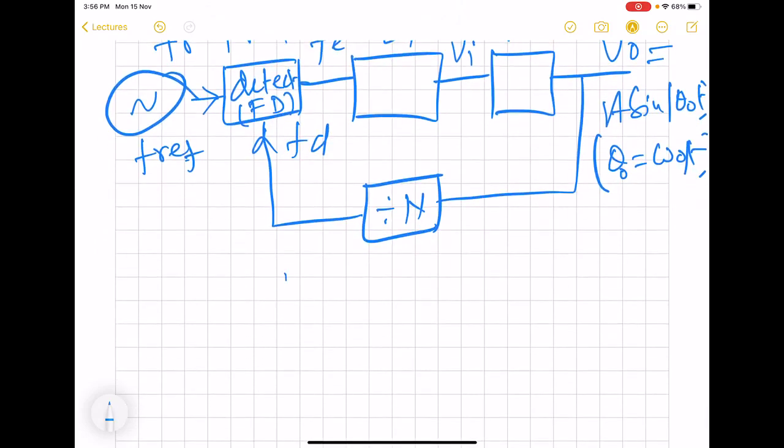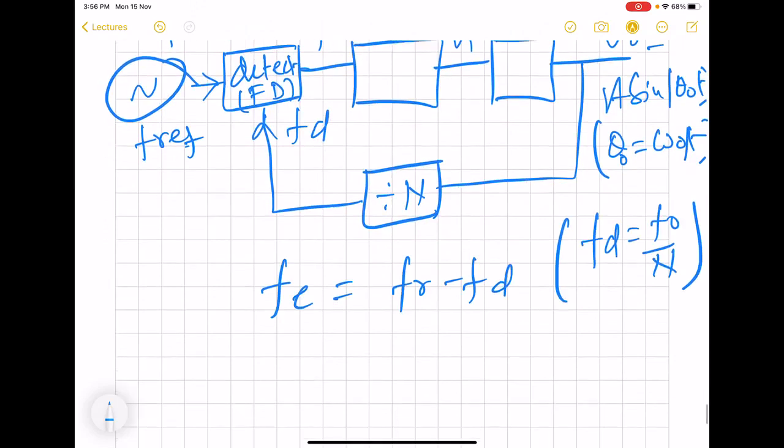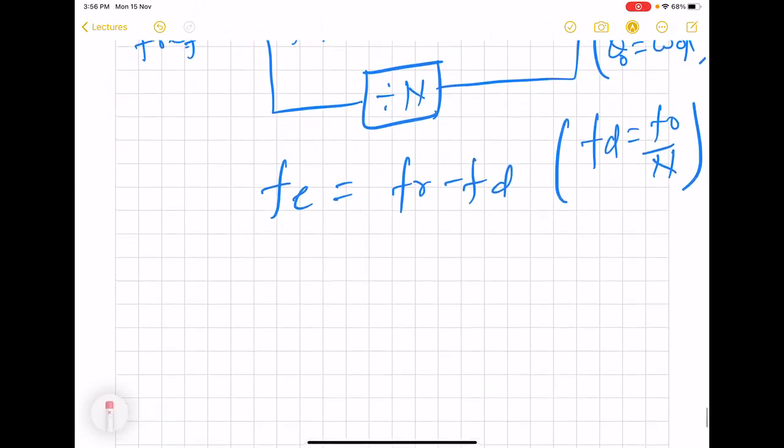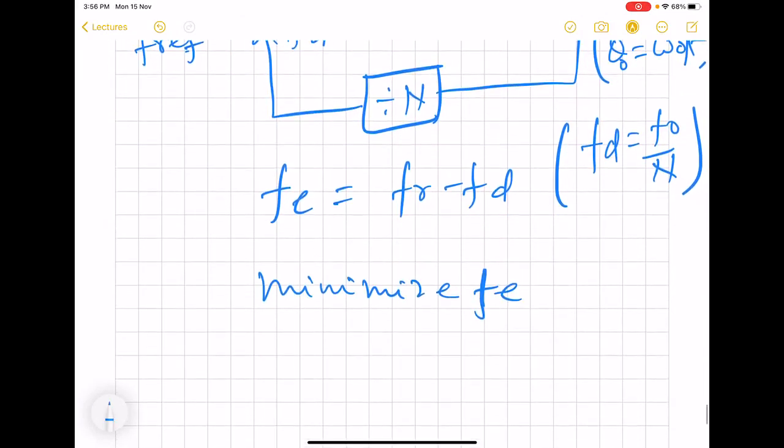So what will be produced here is error equal to F reference minus FD, and this FD is, of course, F naught by N. So here also this loop will try to get locked.